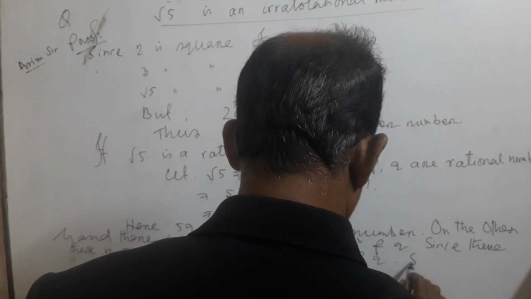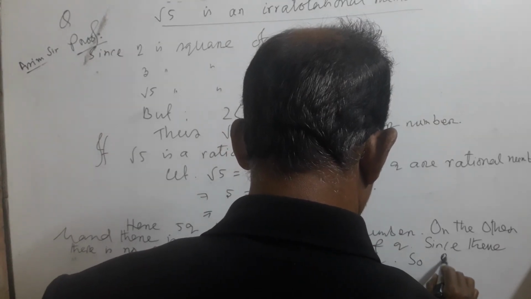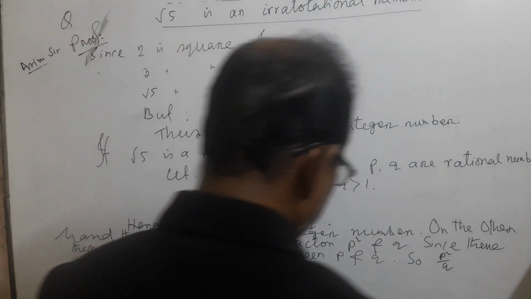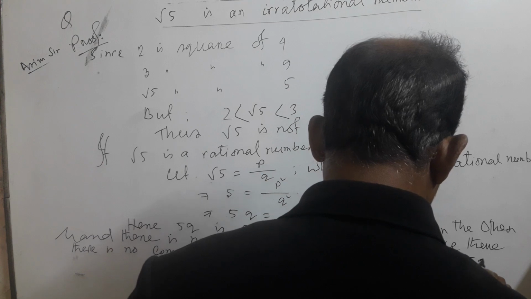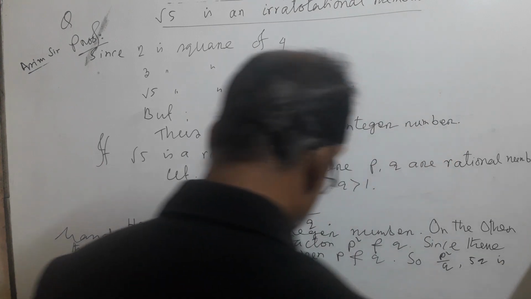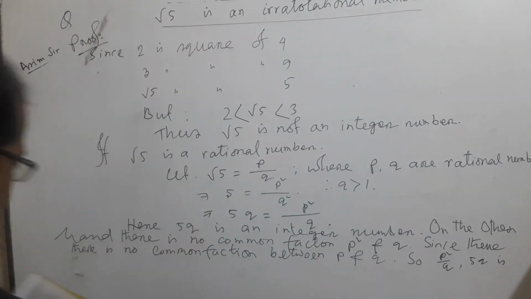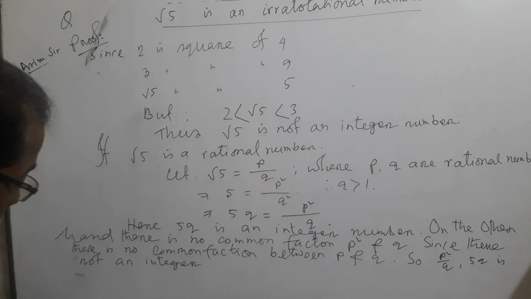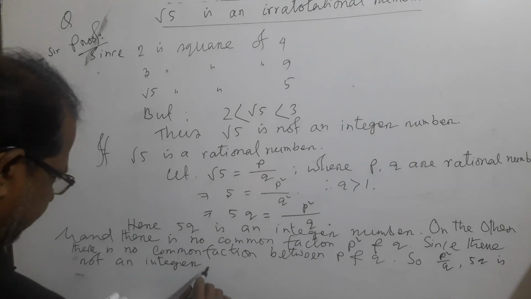So p square divided by q, 5q, is not an integer number.